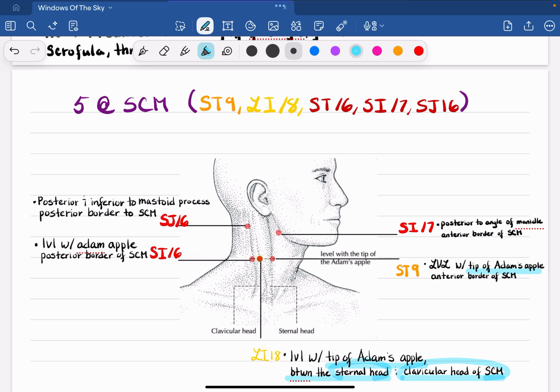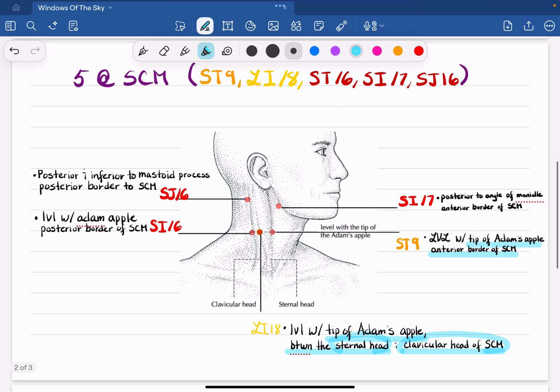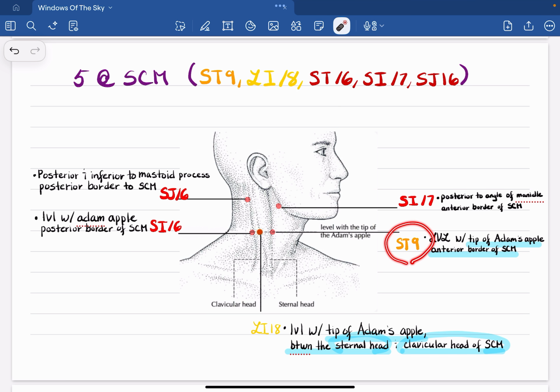So this is also the tip of the Adam's apple, stomach 9, and it's going to be anterior to the border of the SCM. Here it's between the sternal head and the clavicular head of SCM. Here is anterior, right? So when you look at it, stomach 9 is actually in front of LI18. So you'll know, okay, that's stomach 9 and that's LI18. So they're all level together, okay?